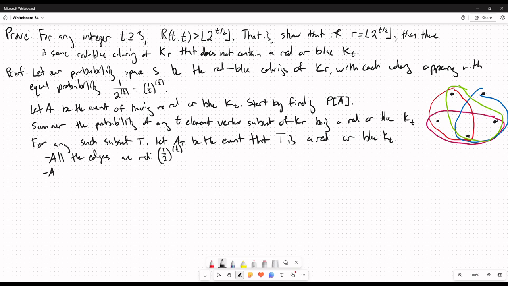Similarly, if all the edges are blue, that's going to have a probability of 1/2 to the power of t choose 2.